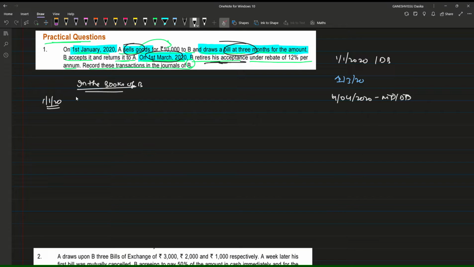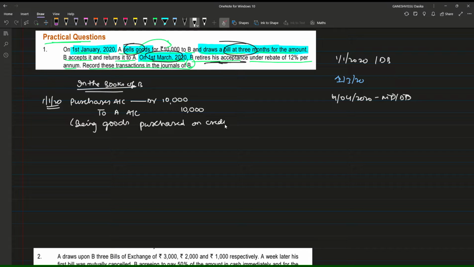In the books of B, first entry is for what? A is selling the goods to B, implies B is purchasing the goods from A. Purchases account debit to A account for 10,000 rupees. Narration: being goods purchased on credit.